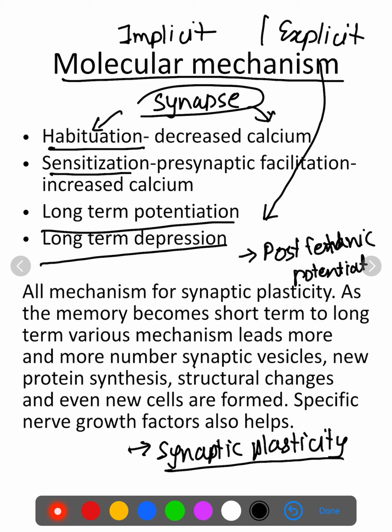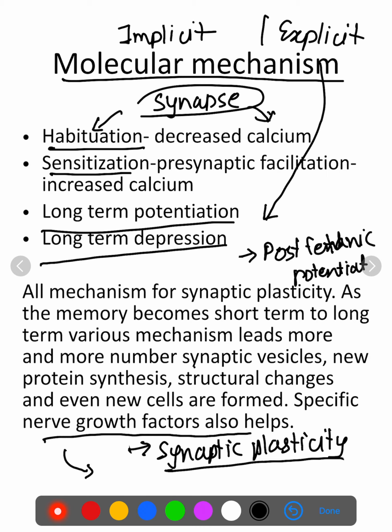From short term, it has to go to intermediate or long term. Then there will be structural change. Before structural change, more and more proteins and more and more synaptic vesicles will be there, and ultimately structural change you can see. Various nerve growth factors will play a role.